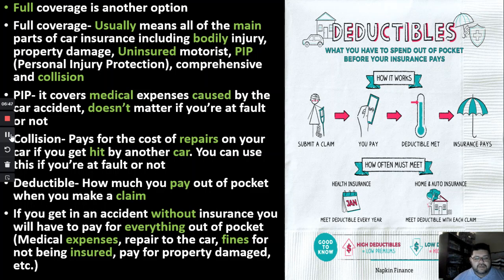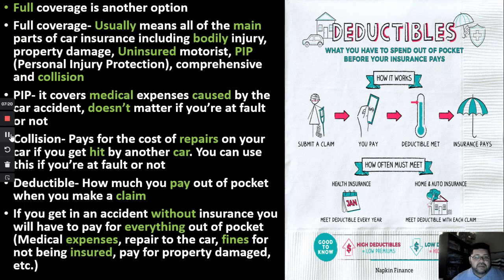Now, this term you might hear quite a bit, not just for car insurance, but also health insurance and other types of insurance, and that's deductible. A deductible is how much you pay out of pocket when you make your claim. It varies what your deductible is. Some people only have to pay $20. Some people have to pay $500. It depends on you and your personal finances.